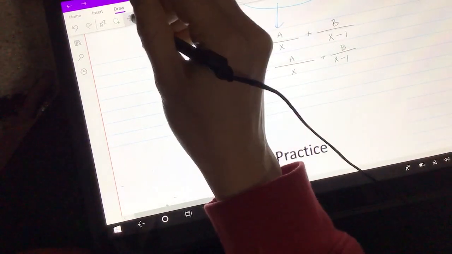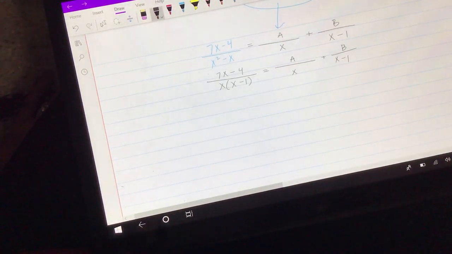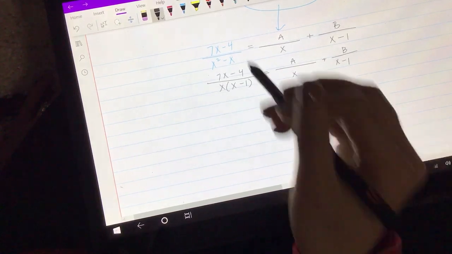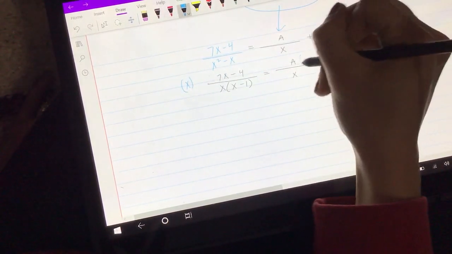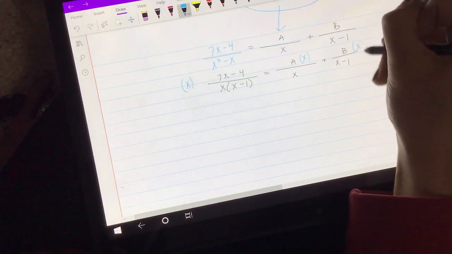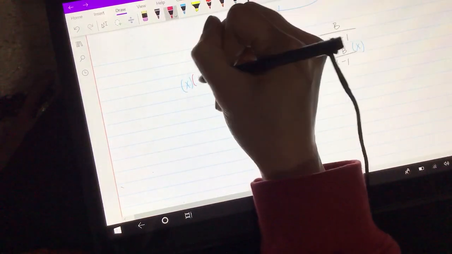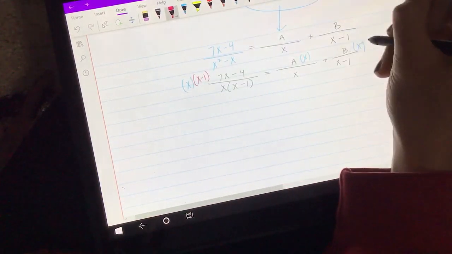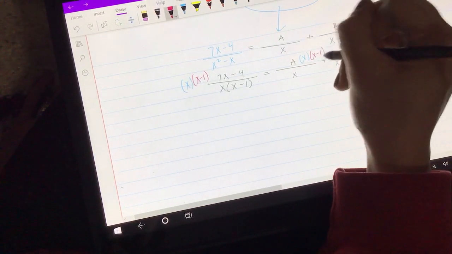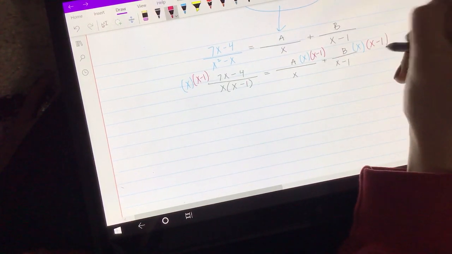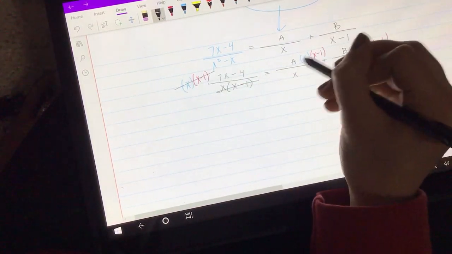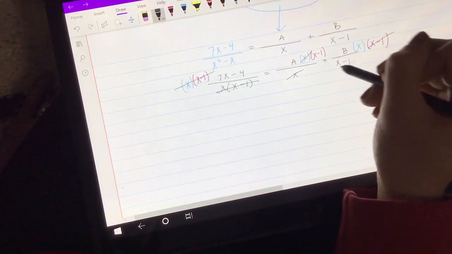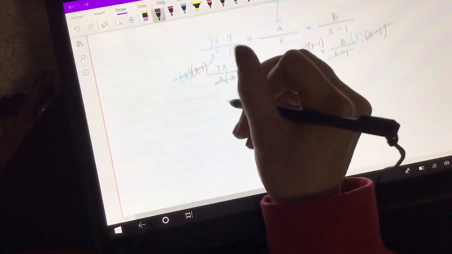Okay, we're solving this as a rational equation. So multiply by every factor that you see in the denominator. Cancel out like factors in your numerator and your denominators, and rewrite what's left over.